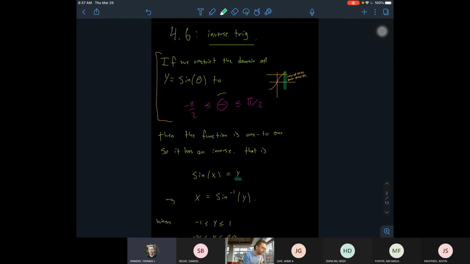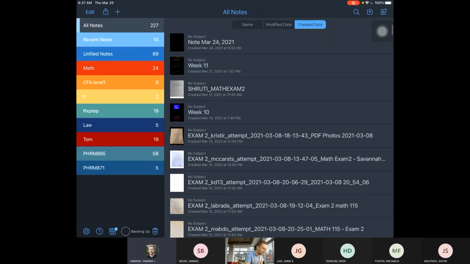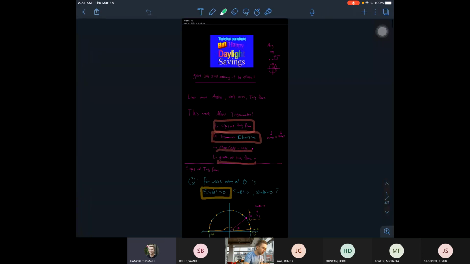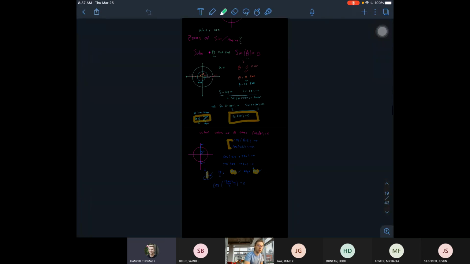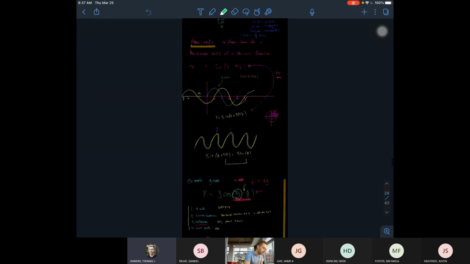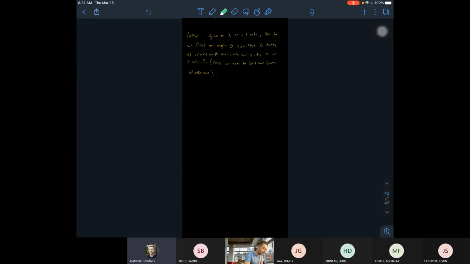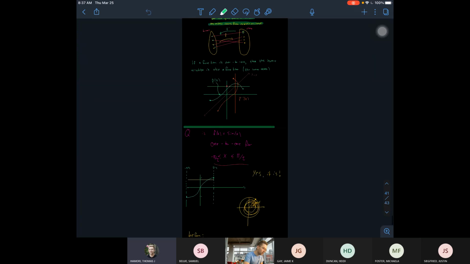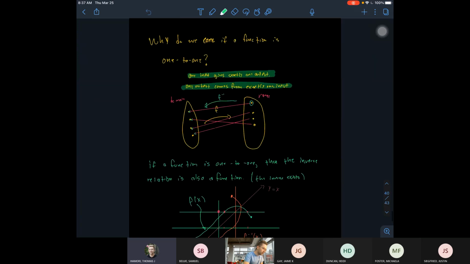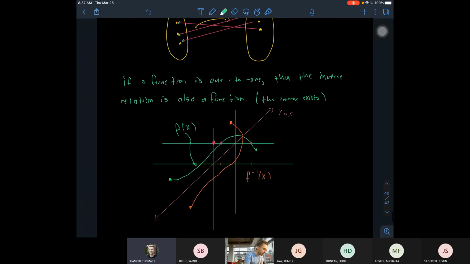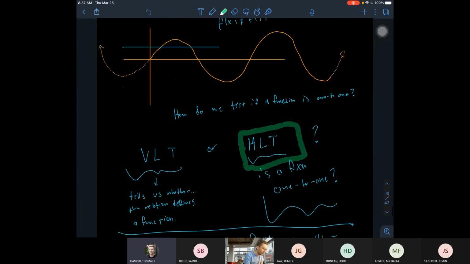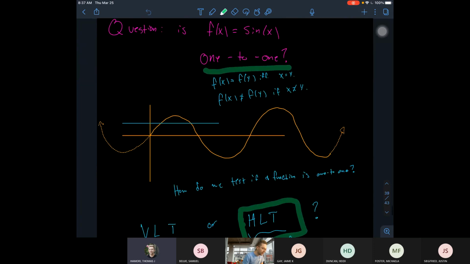So before we start on new inverse trig stuff, let me remind us what we were talking about last time. We started the discussion of inverse trig by discussing whether or not the sine function was 1-to-1. We decided that it's not 1-to-1 because it fails the horizontal line test.